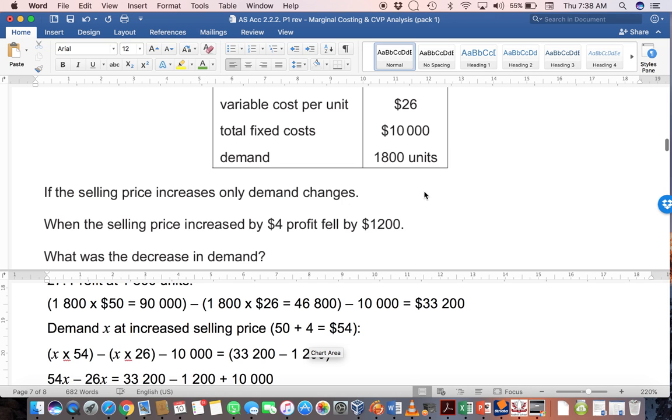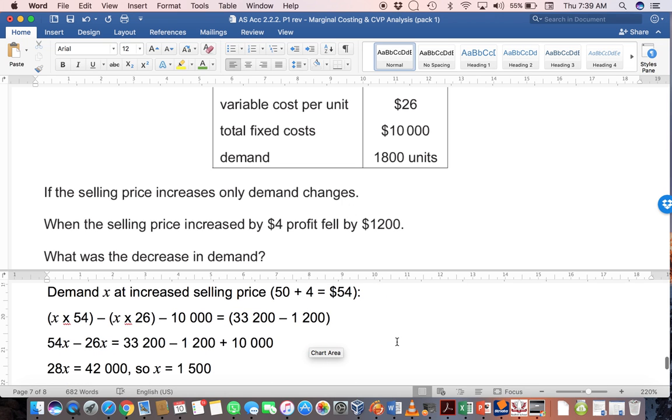In other words, the profit that we made at 1,800 units minus the 1,200, because it tells us that the profit fell by 1,200. And then you can solve for X. If you solve for X, you will see that the quantity is going to be 1,500, or this is going to be the new demand.